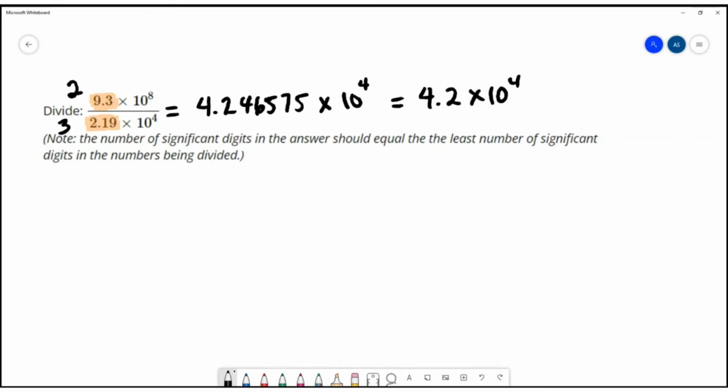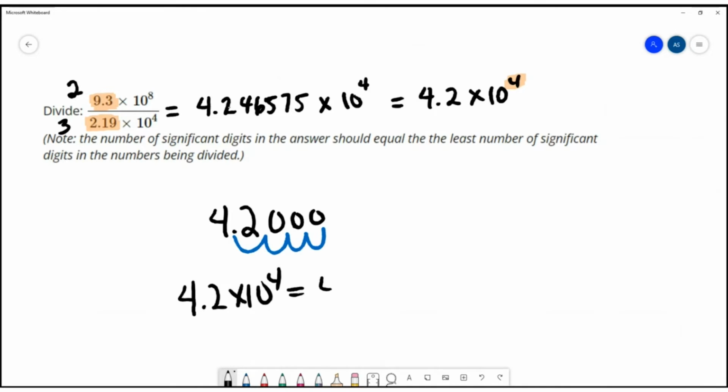So finally, we want to write our answer in the standard notation as well. And so we have this exponent of 4. I'm going to move my decimal place 4 places to the right. 4.2, moving that decimal 1, 2, 3, 4, would give me the number 42,000. So 4.2 times 10 to the 4th is the same as 42,000.